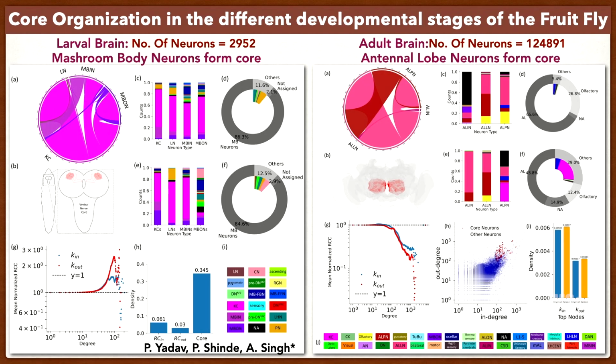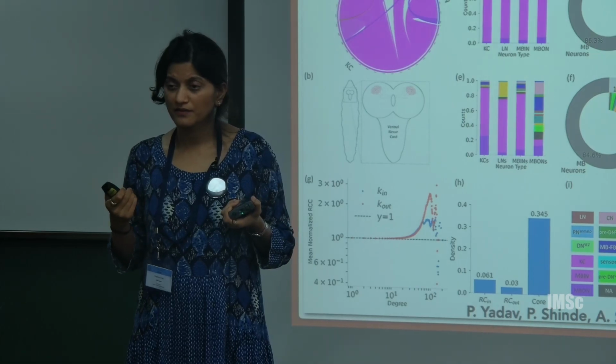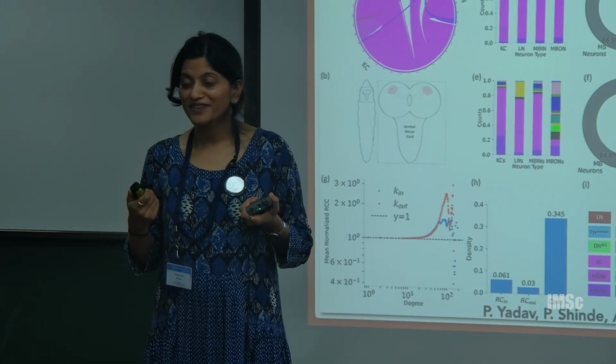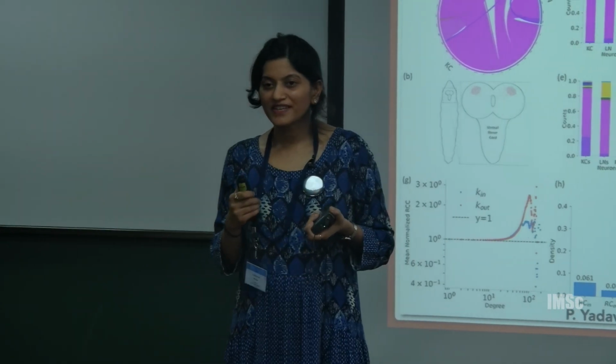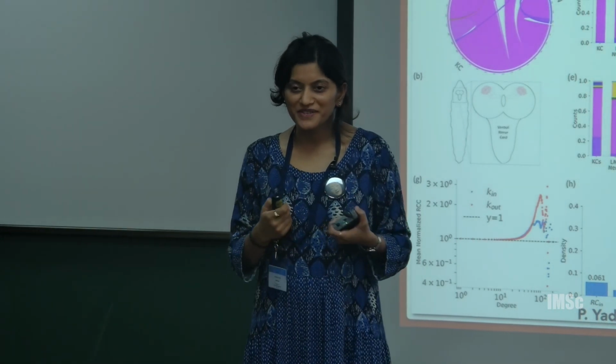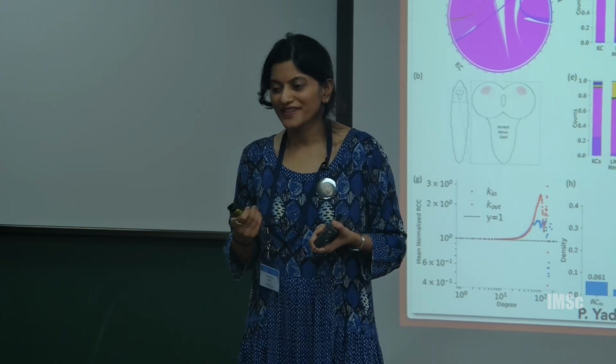What are these called, Pratik? GABA neurotransmitters. Yeah. So that's why they have fewer connections between themselves, and therefore they are not forming the core.